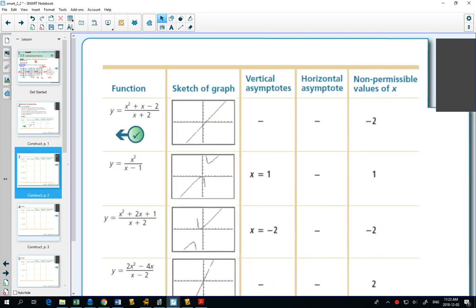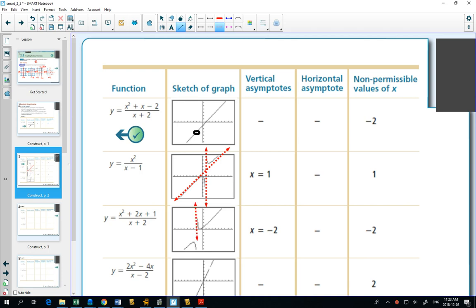The next ones: the second one also has a hole in the graph. The third one has an asymptote right here at x equals 1. Later on, we'll also find out this one has a diagonal asymptote. Sound like fun?